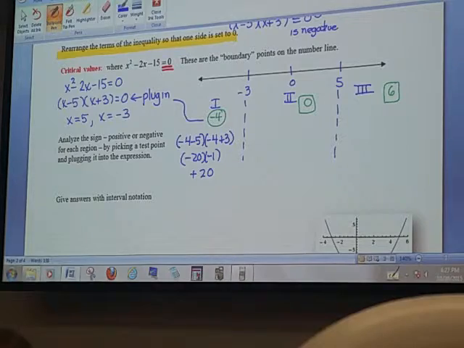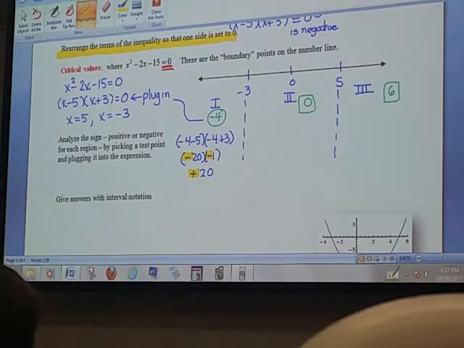But in reality, I don't even have to do that much work. The only thing I'm interested in is that. I don't care if it's 20 or 3,000 or whatever, the answer is positive. That's what I want to know. Negative 4 minus 5, that's negative 9.